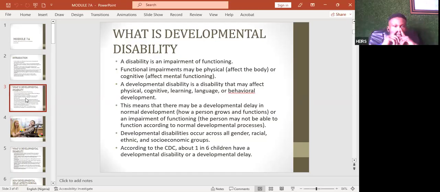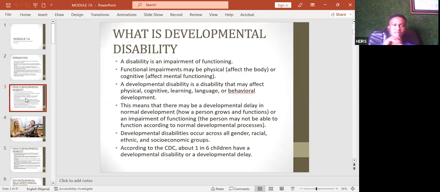So if you look at it very well, there are majorly two things. It is physical or it is what? Mental, that's psychological, which is also cognitive. So inability to learn is also going back to the brain. Then language disability, and then behavioral development. All these things can be characterized under developmental disability if there is at any point impairment in the ability to learn, to use language, to cognize, or physically to move around, and so on.